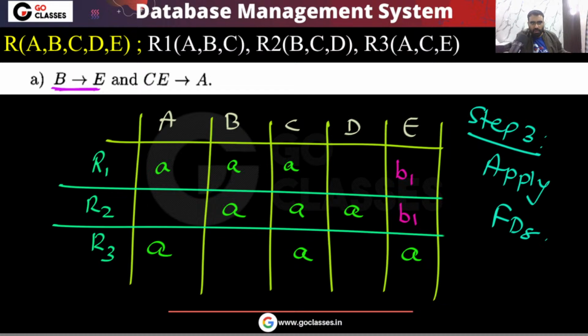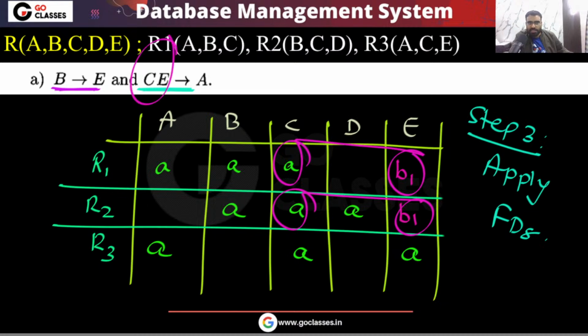Now let's see. Again, we will apply this FD, CE determining A. What does it mean? Whenever two tuples have the same CE value, they must have the same A value. So which two tuples have the same CE value? Notice that here the CE value is AB1, and here also AB1.